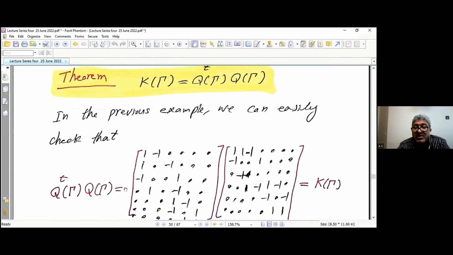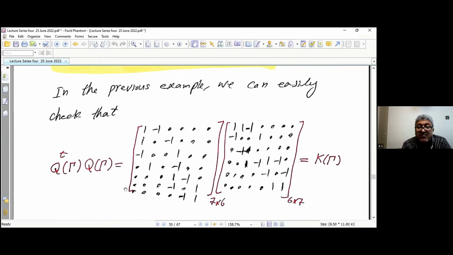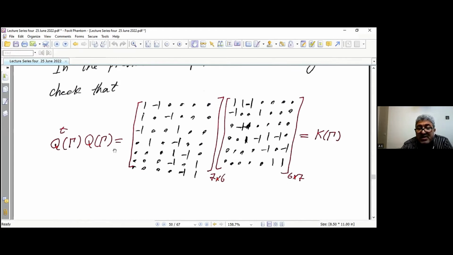For example, in the previous example, if we compute the transpose of the incidence matrix, this is the transpose, and the second is the incidence matrix, then we can get the H Laplacian matrix.